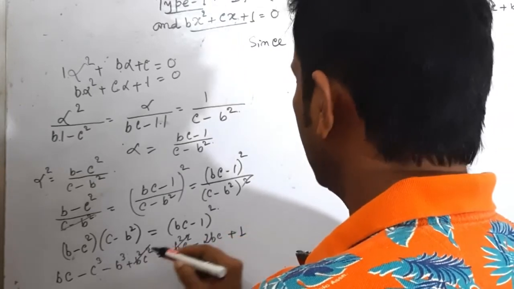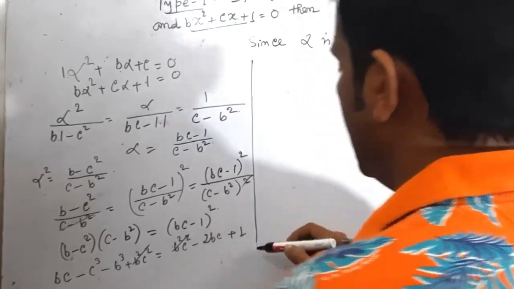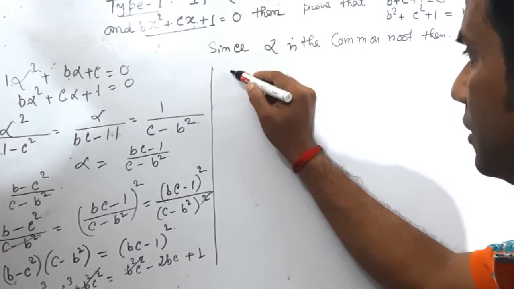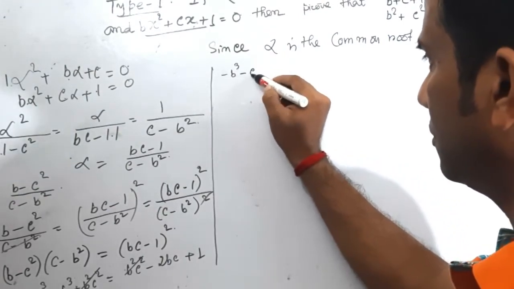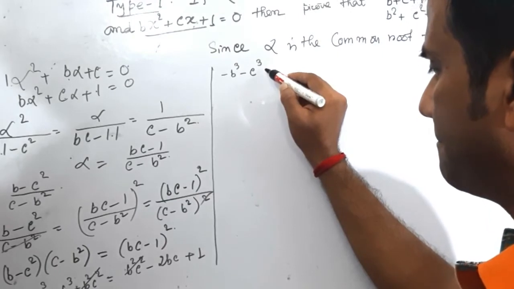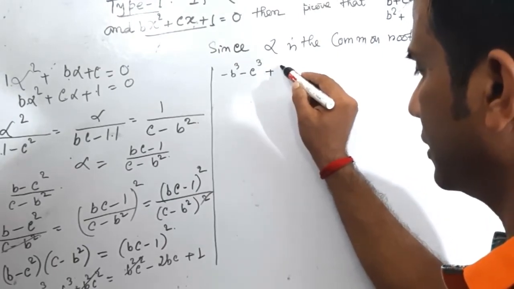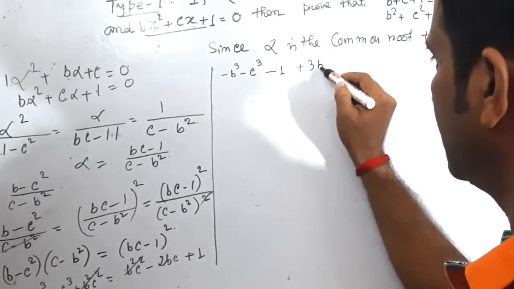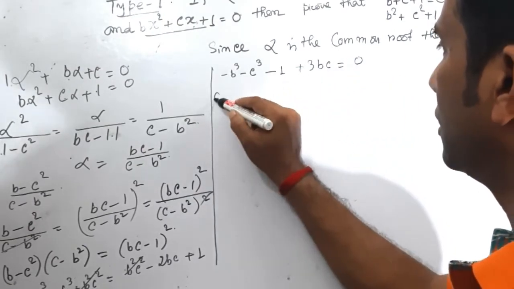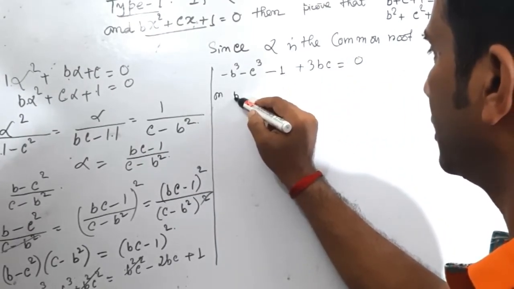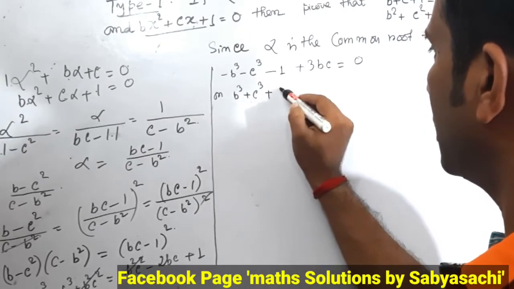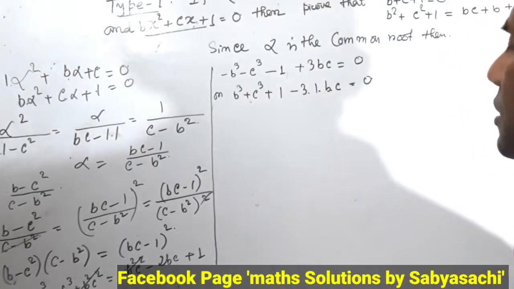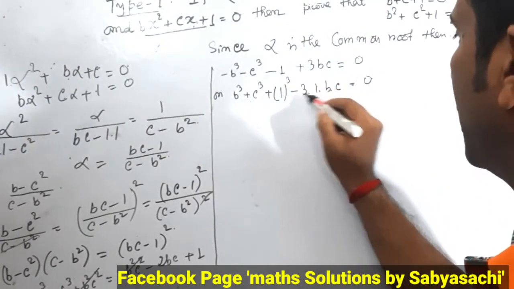Cancelling b square c square, we get from here b cube plus c cube plus 1 minus 3 into 1 into b into c is equal to 0. This is the form of a cube plus b cube plus c cube minus 3abc.